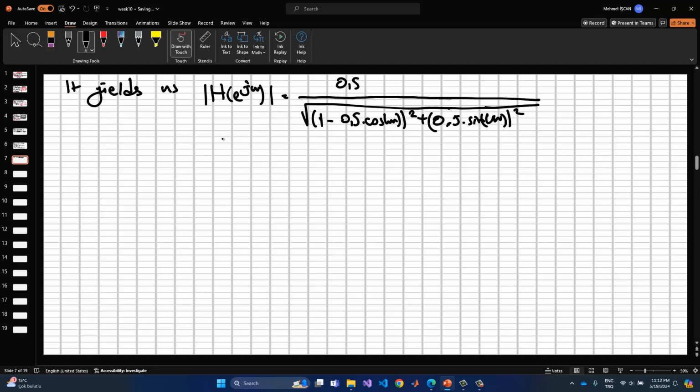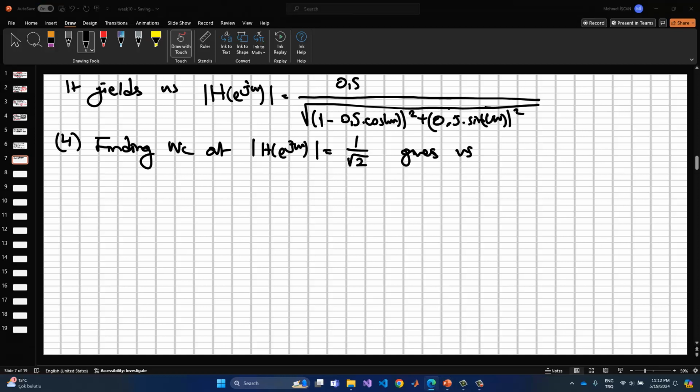so in the following steps we need to determine ωc at which H(e^jω) is equal to 1 divided by square root 2. Okay, and this gives us, in these terms, first of all we need to equalize these terms in here, just like this one.